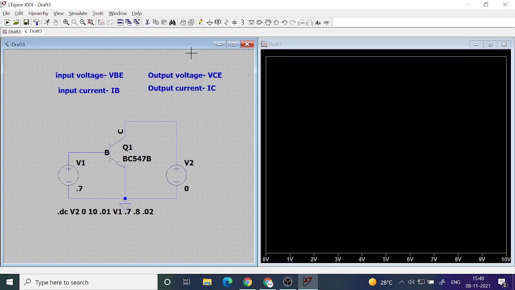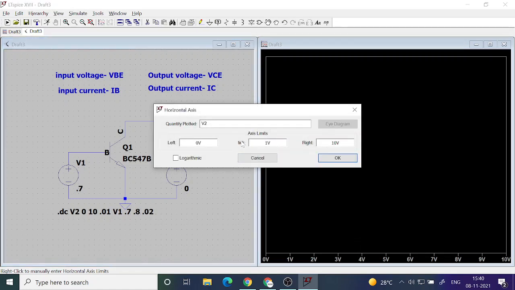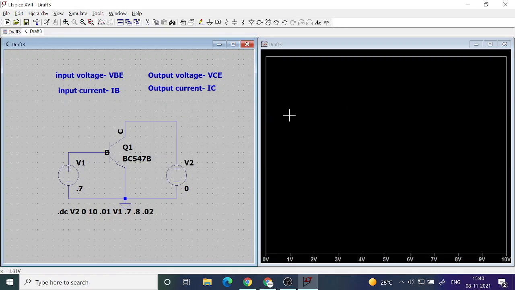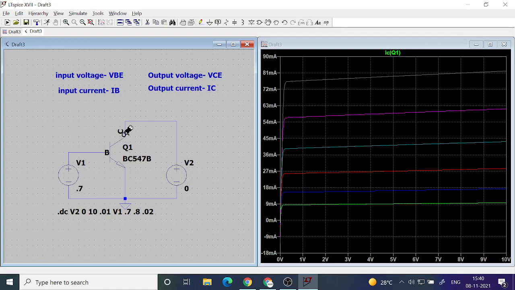What is output characteristic? It is a plot of output current versus output voltage. So let me make this the output voltage, which is V2. V2 has already come here, so that is correct. V2 is the VCE. Now what I want is the terminal current, the current that is going into the collector terminal.